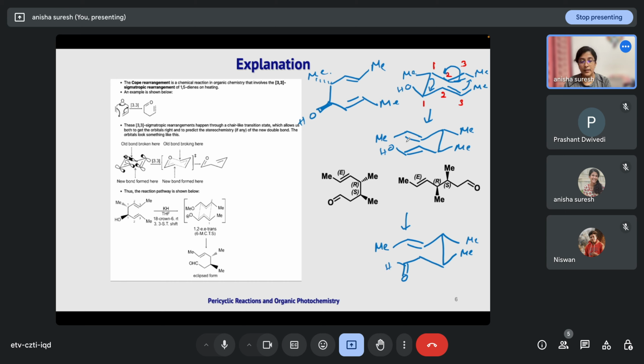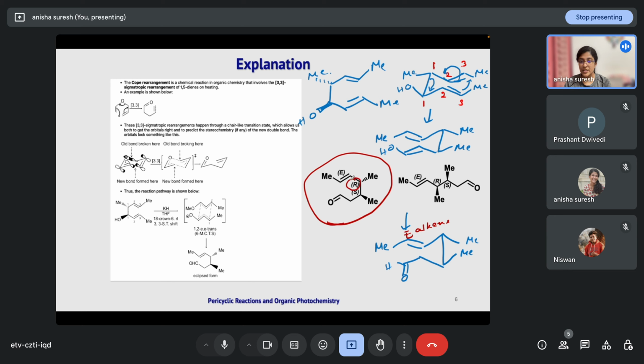So here the alkene which is newly forming is an E alkene, as you can see here. This is the E alkene, and this methyl group is coming above the plane, and this methyl group is coming below the plane. And if we redraw it, it can be drawn like this: E, this methyl group is below the plane, this methyl group is above the plane, and this aldehyde.